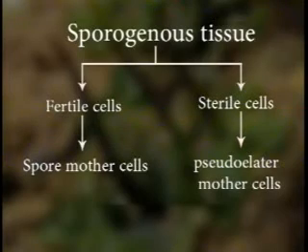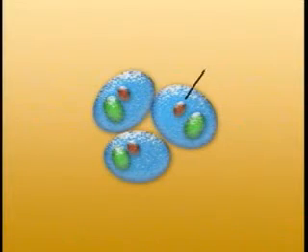The sporogenous tissue differentiates into 2 kinds of sister cells, namely fertile cells and sterile cells. The former gives rise to spore mother cells and the latter to pseudoelater mother cells. As far as the spore mother cells are concerned, they are large cells, oval to spherical in form.